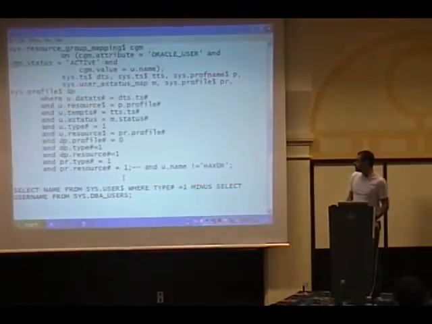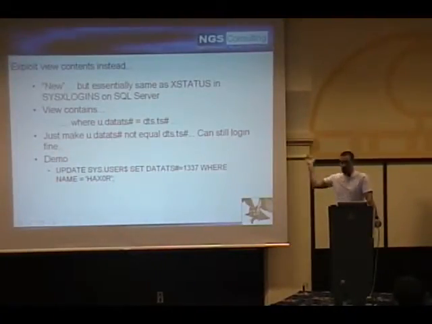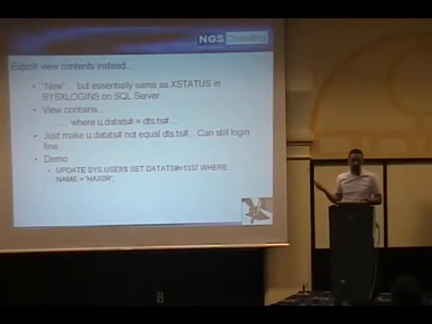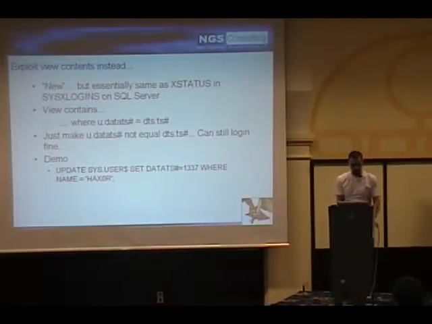Okay, so rather than modifying the text of the view, we can simply manipulate the view itself so that it's disappeared. Now, I say this is a new method. It's not really new. This is exactly the same thing in Oracle that we did with XStatus in SQL Server. It's essentially abusing the view's content itself to make the account hidden.